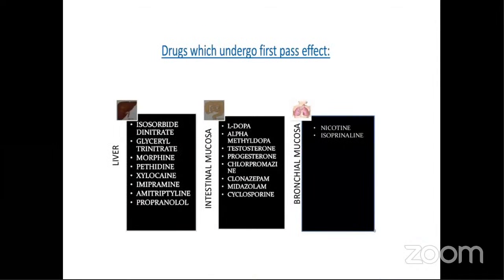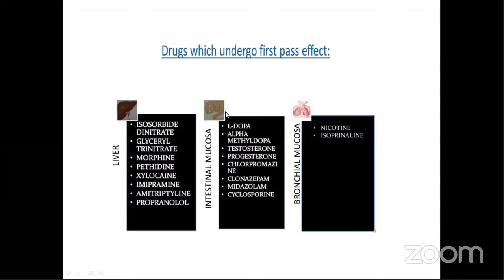Remember some of the drugs which undergo first pass effect. In the liver, before reaching blood circulation, they are metabolized, like isosorbide, glyceryl trinitrate, morphine, pethidine, xylocaine, imipramine, amitriptyline, and propranolol, which is a beta blocker. And in the intestinal mucosa, like L-dopa, alpha-methyldopa, testosterone, progesterone, chlorpromazine, clonazepam, midazolam, and cyclosporine.